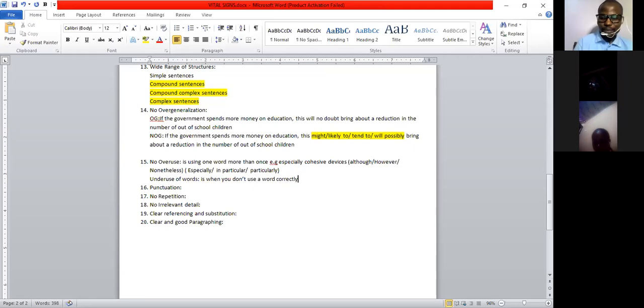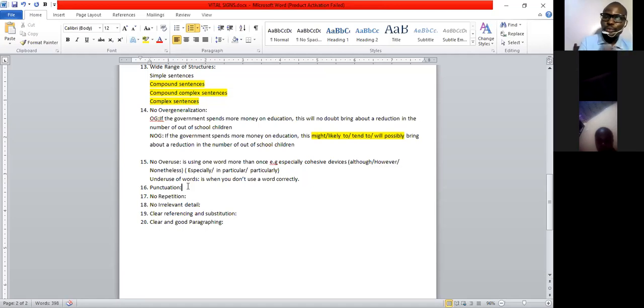For example, in a place where you are supposed to use a contrast cohesive device, and you go ahead to use "especially" to show emphasis, then you have underused that particular word. So don't underuse any word, don't overuse any word. Okay, that is that.